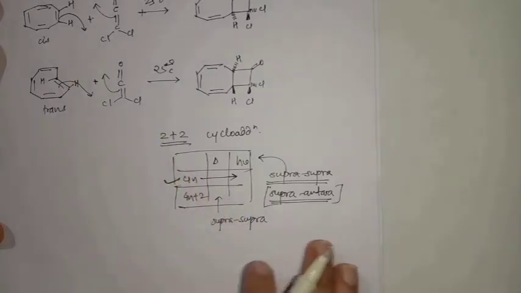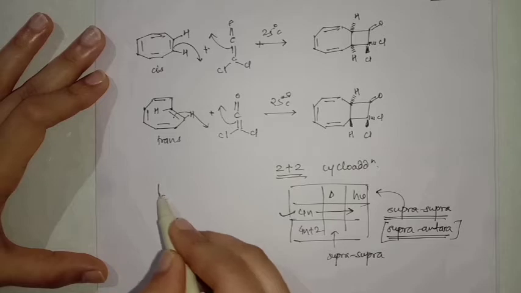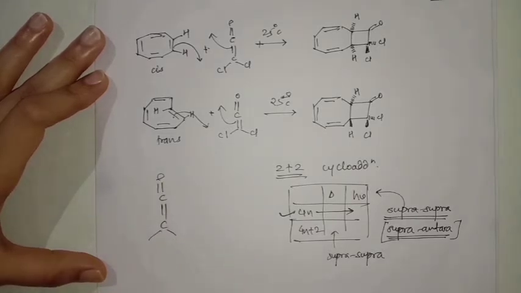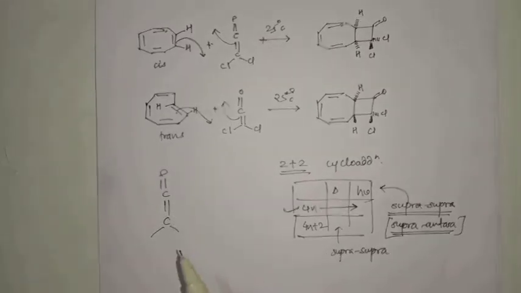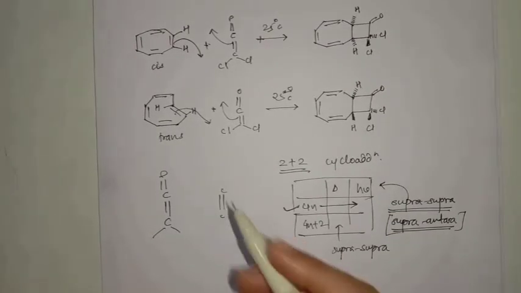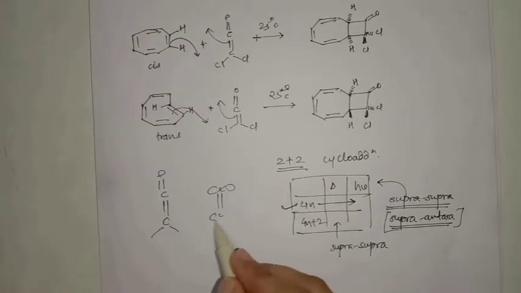See, in case of a ketene, there is one change: we have a carbon double bond oxygen, carbon double bond carbon structure, right? In a simple alkene molecule, we have two carbon atoms or any other atoms. Up to now, we discussed one p orbital in cycloaddition or electrocyclic reactions.